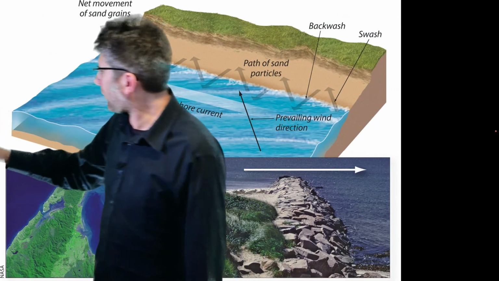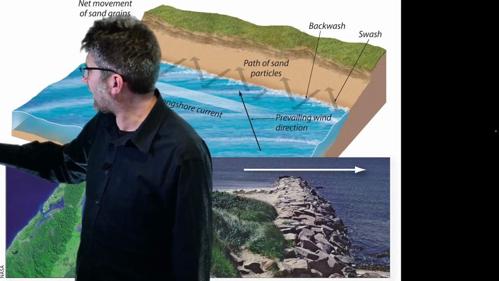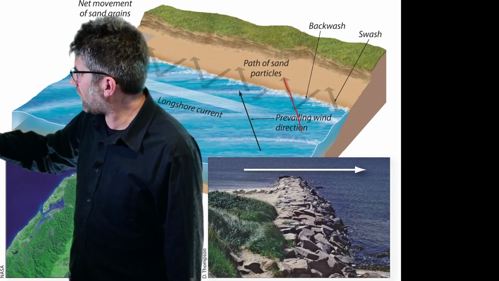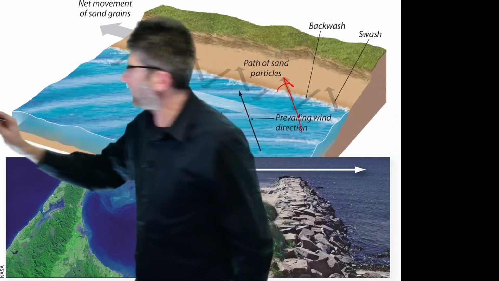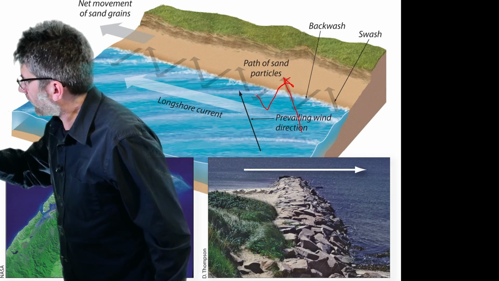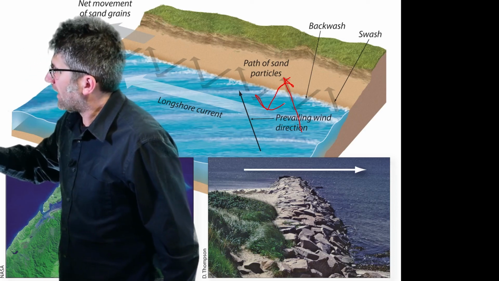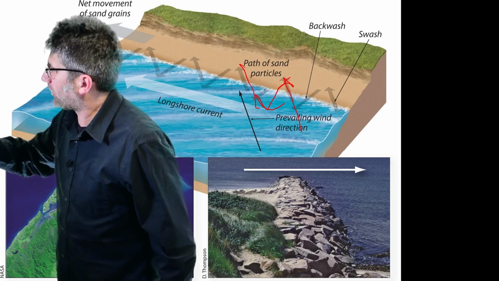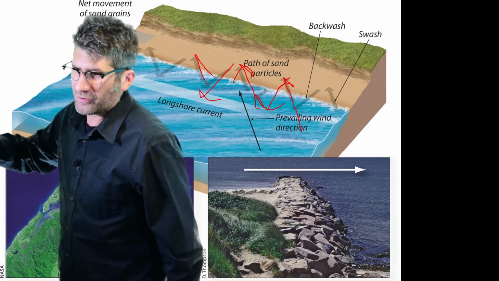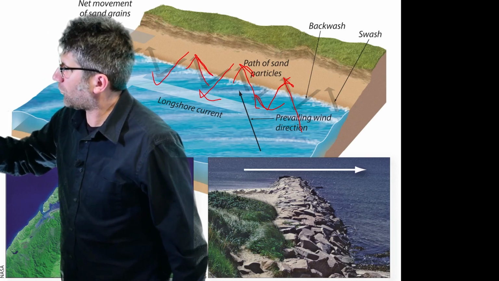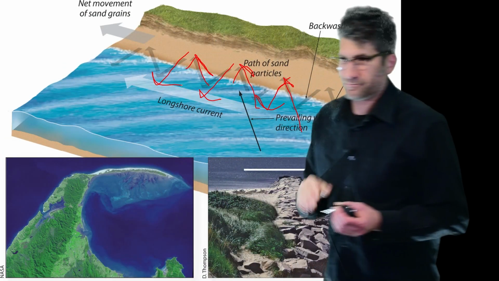As our waves push the sand on shore, they're going to follow that wave direction. But as the wave rolls back out into the ocean, it's going to go perpendicular to the coastline. So it gets pushed on at an angle and then pulled back out perpendicular.